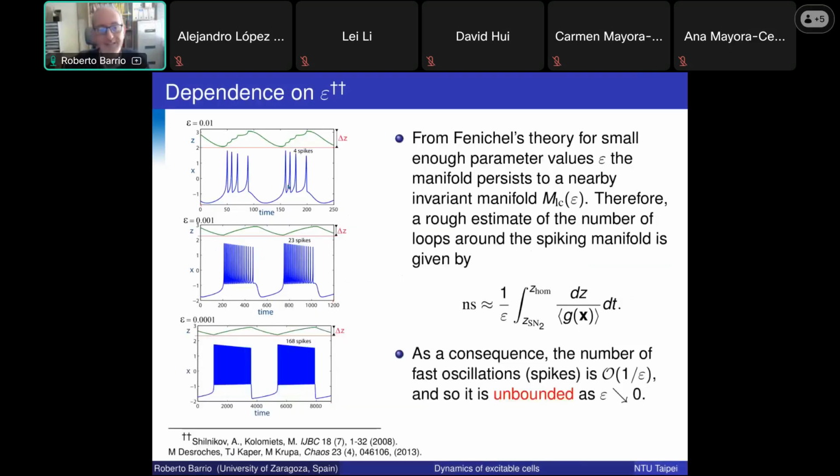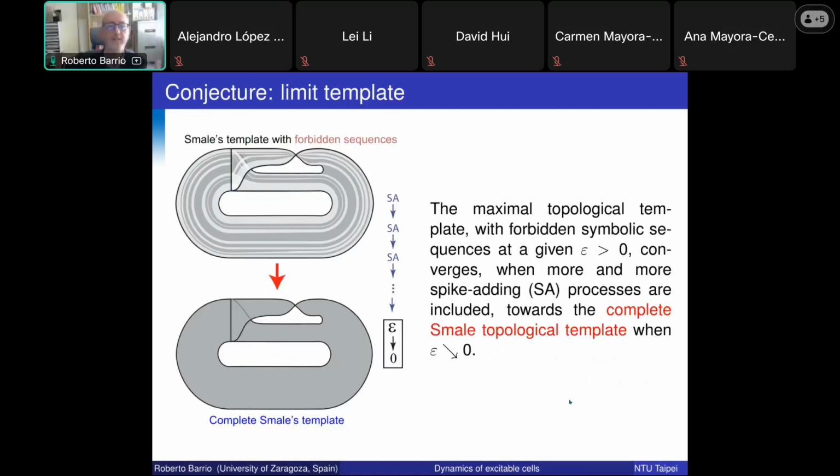But the question is that the number of spikes is finite. But in the limit, it's well studied that the number of spikes grows to infinity. That means if we go to the limit of all this process, we have this conjecture that the limit template will be the complete Smale template, because of this spike adding process, this symbolic flip, and all this.